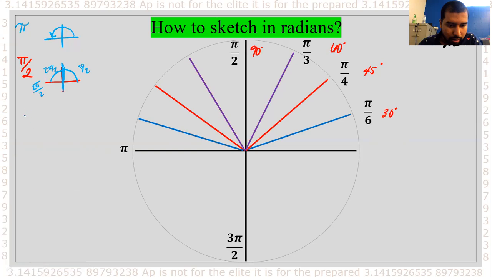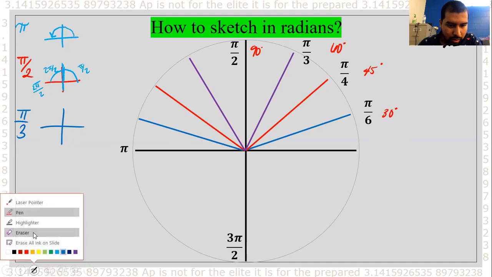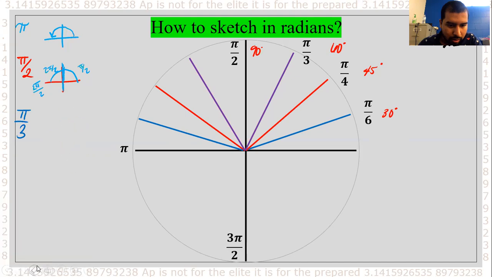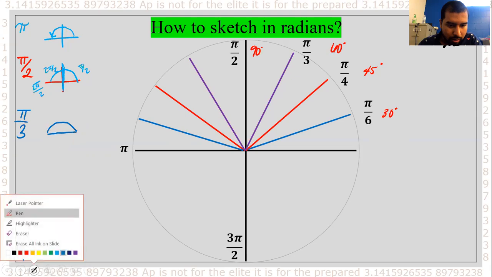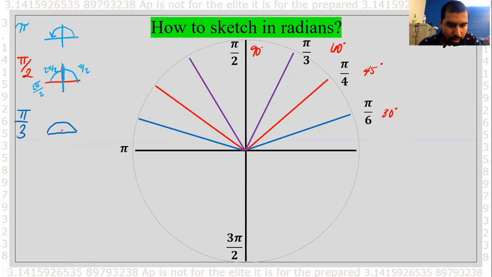The next one, let's look at pi over 3. This tends to be my students' favorite because it looks like the peace sign. So let me just draw a circle to make it a little easier. If I draw the top side of my circle, I'm going to split this into 3 equal parts, where each part is 60 degrees, or pi over 3.